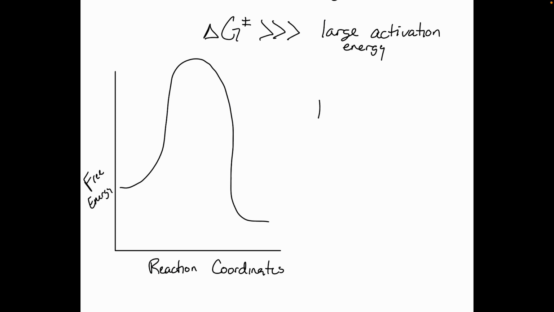But how do we overcome such large activation energies? All right, there's two main ways that we do it in the lab. The first one, the easiest, is to just jack up the temperature, to just give those reactants more and more energy so that they can jump over that hurdle, okay?